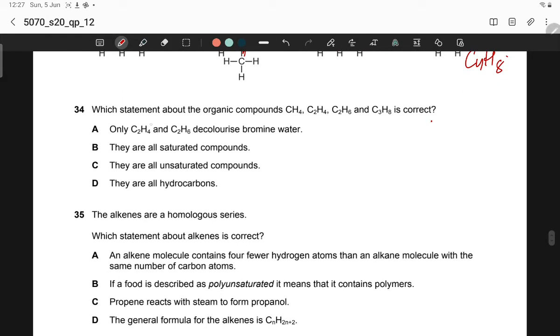Question number 34. Which statement about the organic compounds CH4, C2H4, C2H6 and C3H6 is correct? CH4 is methane, C2H4 ethene, C2H6 ethane, and propane.